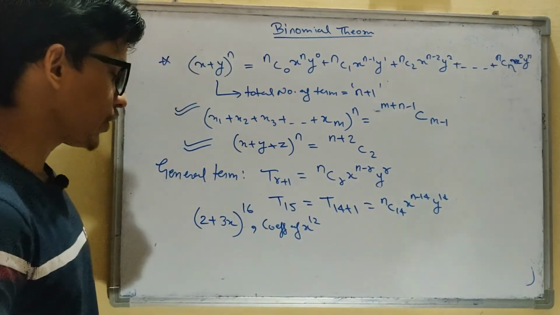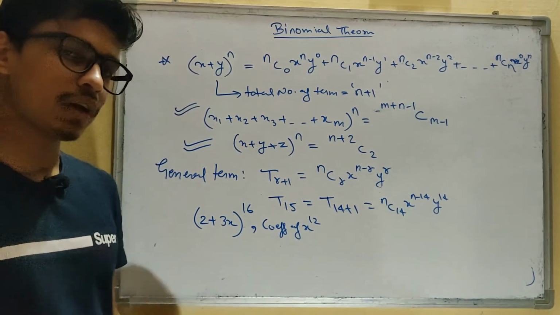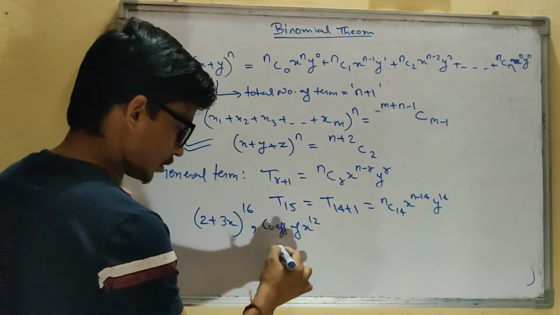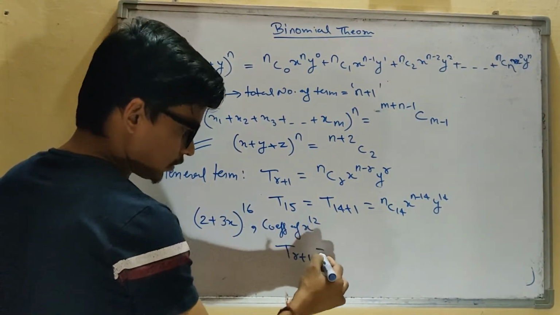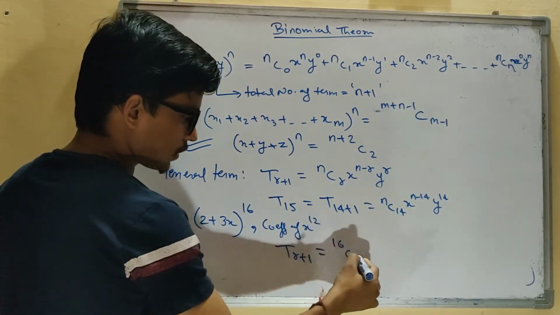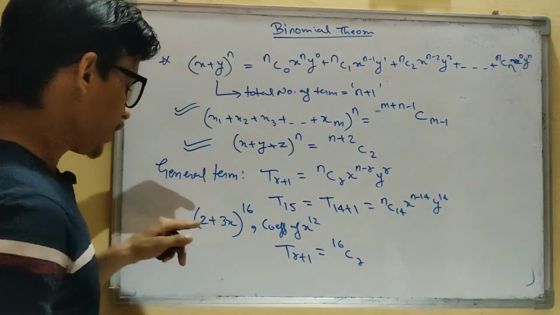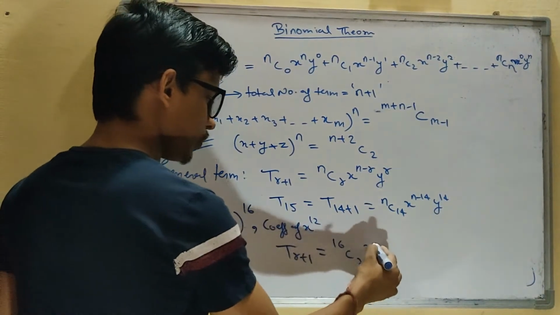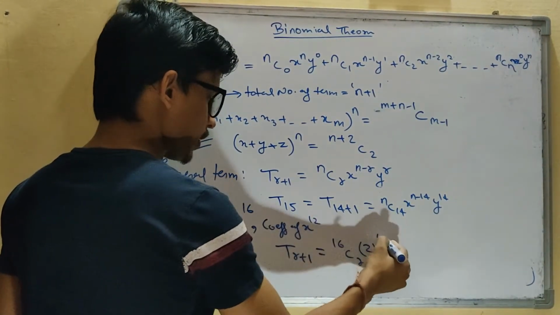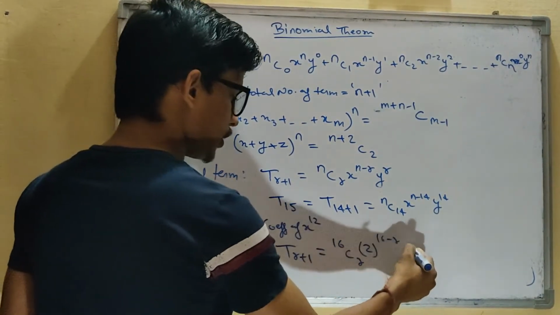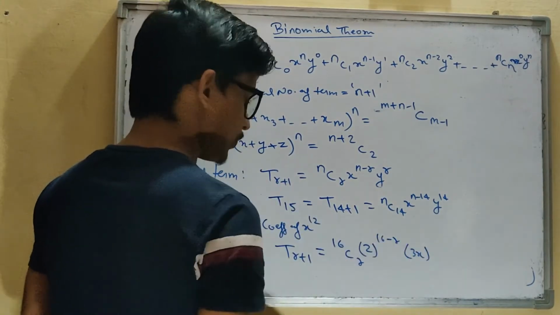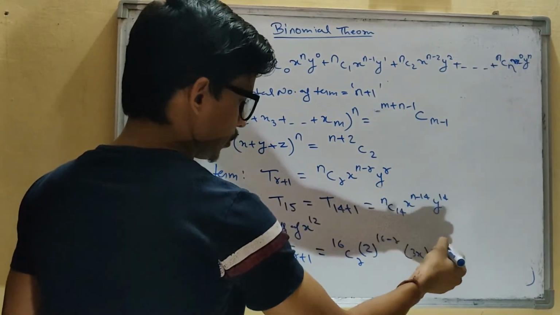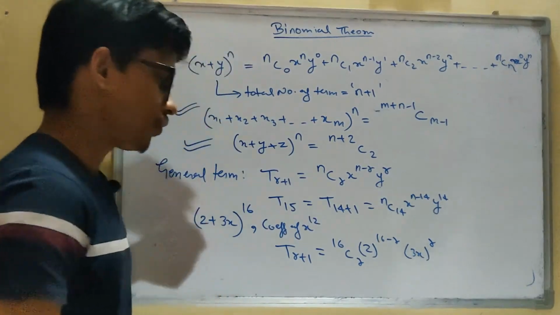So what you can do, I don't know which term it is, so let's say it is the (r+1)th term. So it is going to be like this: 16Cr, right? And here the first term is 2, so 2^(16-r), and this is going to be 3x, which is y, and the power of this is r.